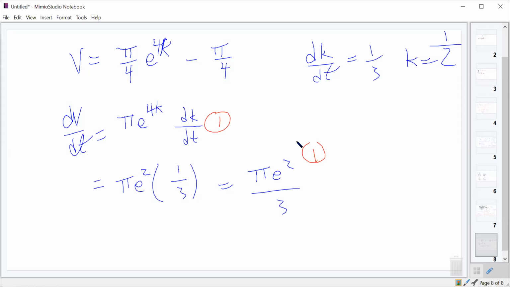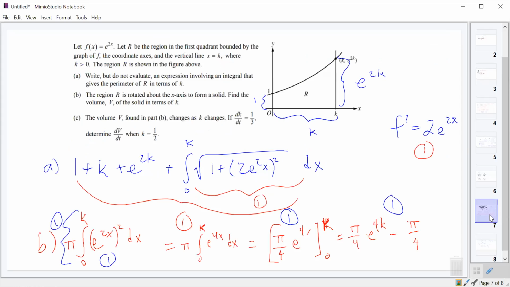So, for example, if you were doing part C, you would say something like, well, we had the volume formula as whatever it was. You have to take the derivative with respect to t of both sides of that using the chain rule, and then you would plug in the value. And that would be a good enough response, I think, for them.